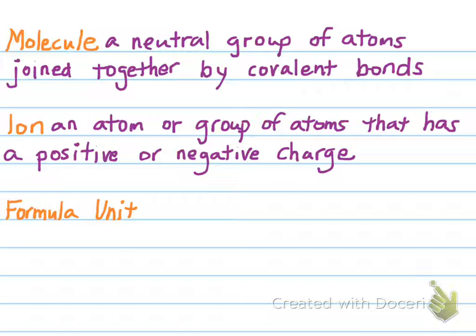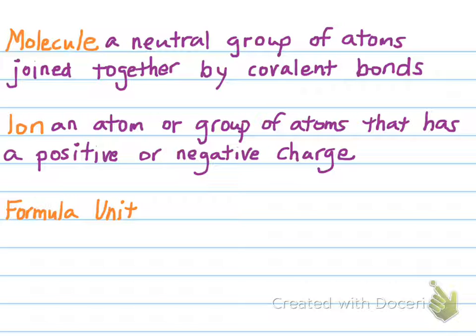For the main body of the periodic table, you should be able to figure out what charge the tall columns have. Group 1A has a charge of positive 1, group 2A has a charge of positive 2, group 3A, which is pretty much aluminum and boron, has a charge of positive 3, group 5A has a charge of negative 3, group 6A has a charge of negative 2, and group 7A has a charge of negative 1.